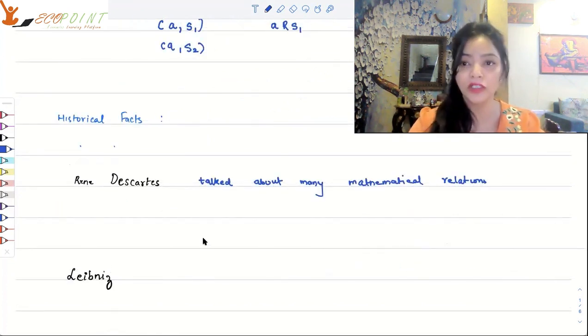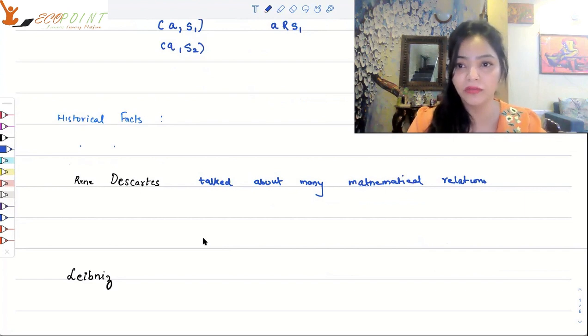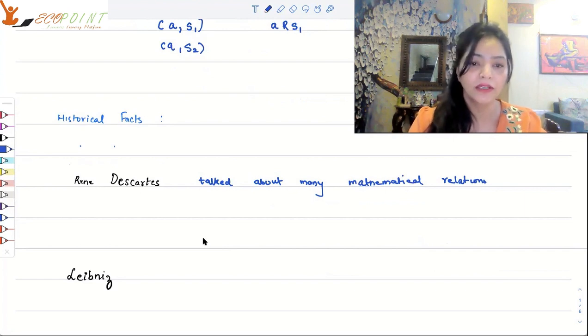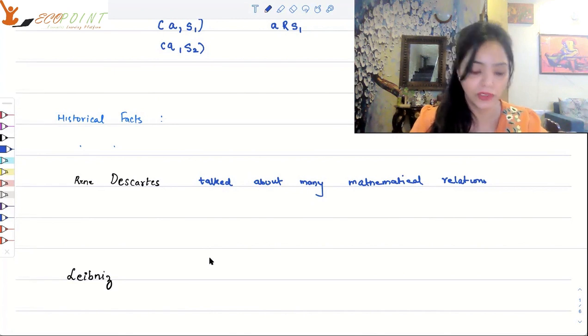The term function, according to what I read, was given by Leibniz. I'm sure you are very familiar with the name Leibniz. So you have the Leibniz rule and so on in calculus. So he gave the term function, and he spoke about y equals x, dy by dx, and so on and so forth.